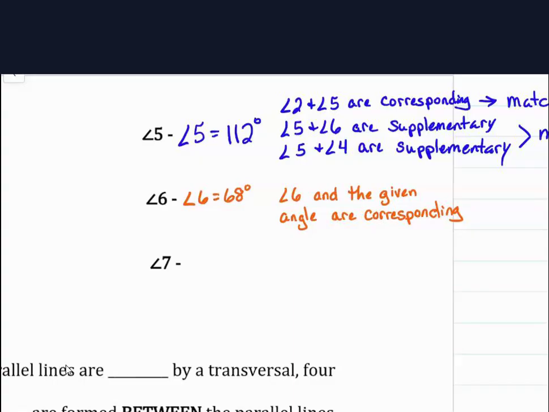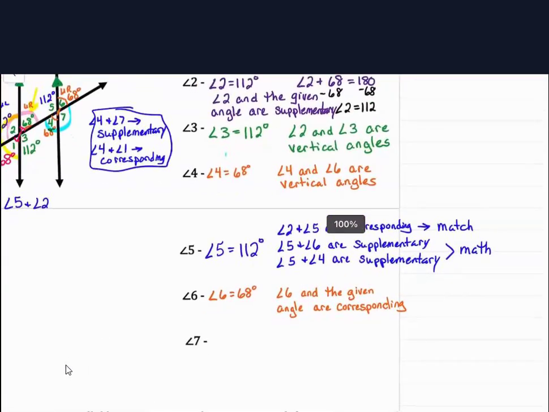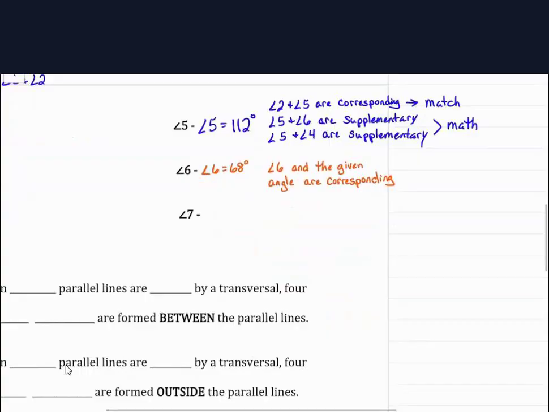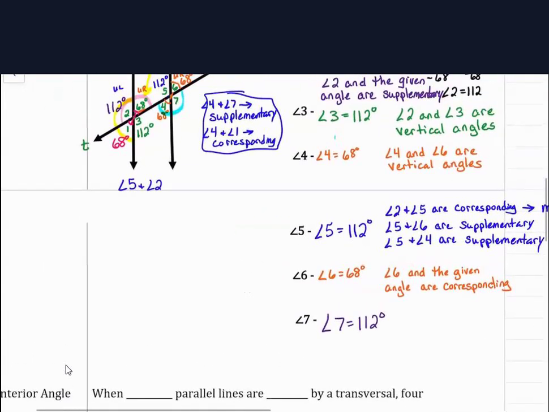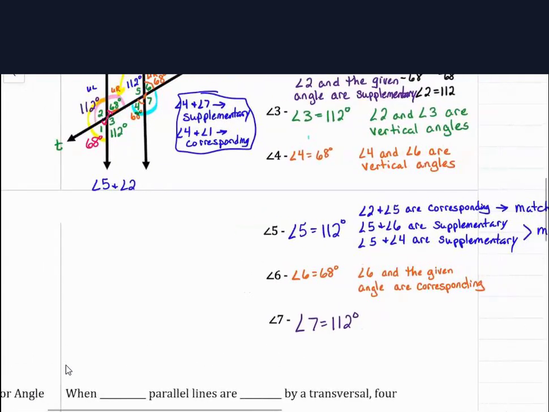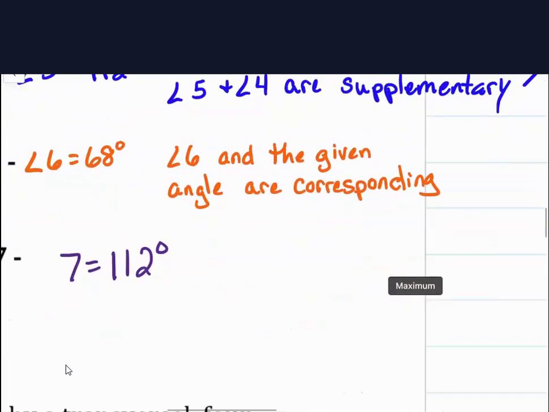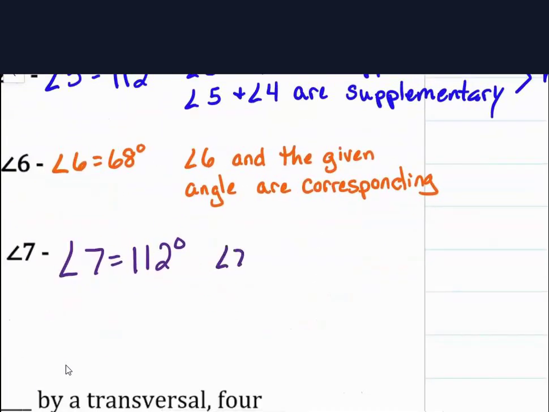Okay, so then we have, what color haven't I used? Angle 7 is 112, but tell me why. So angle 7 and angle 5 are vertical angles. You don't need math.